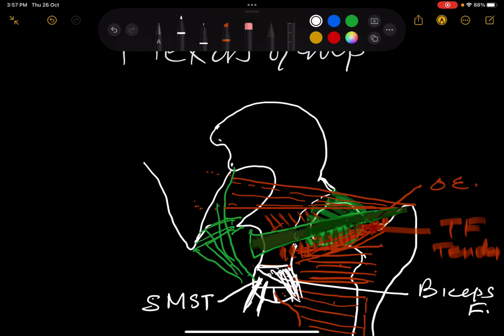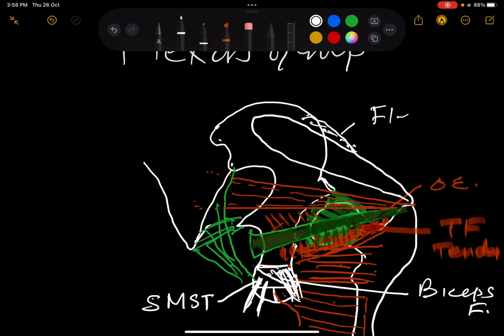All this is the extensor and external rotator apparatus. And you have the gluteus medius attached like this, and minimus in front going and getting attached to the trochanter. The minimus would flex, the medius would abduct, and the maximus would extend.